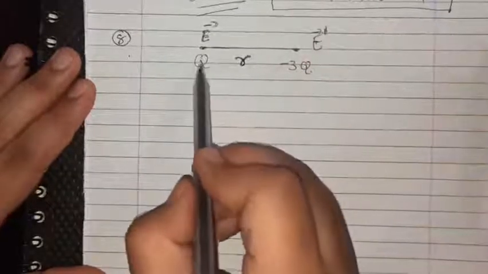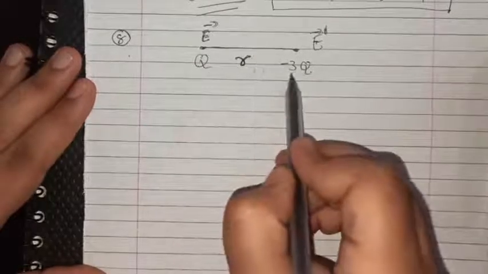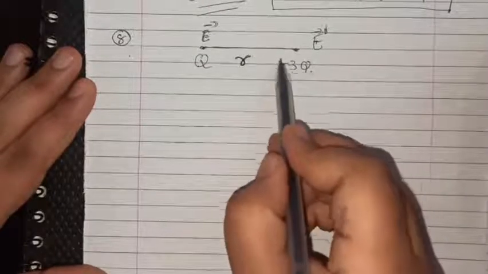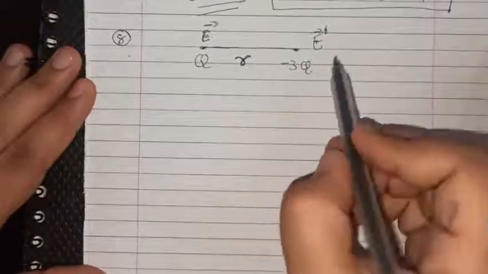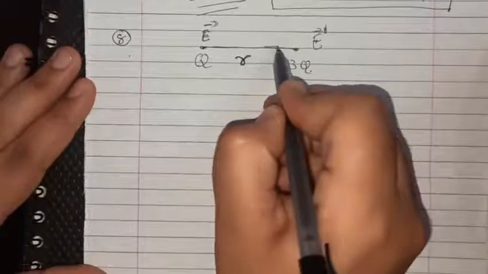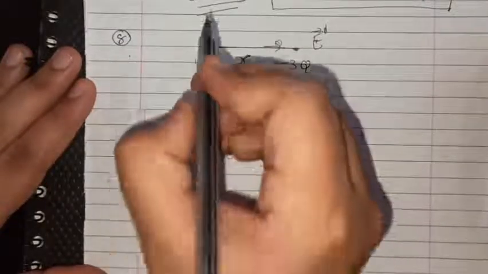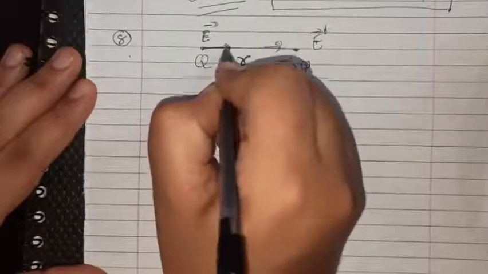Here, the electric field at point Q will be due to the charge minus 3Q. As this charge is a negative charge, the electric field of a negative charge is always directed inwards. So the direction of the electric field at Q will be to the right.